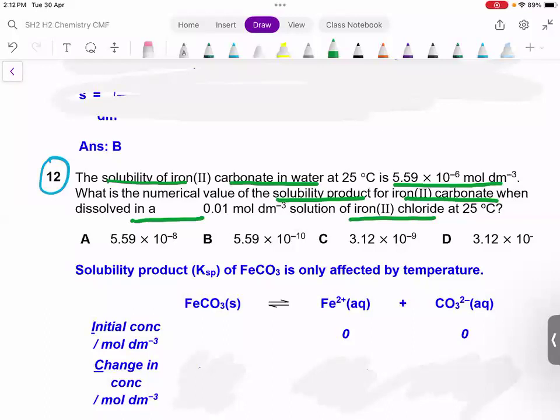Ksp is not affected by the common ion effect. So you could jolly well use the solubility in water to calculate the Ksp value already. You can ignore the second part of this question because it will not affect the value of Ksp. Yeah. So the second statement here is a redundant information. It has no effect on the Ksp value. So you can just calculate the Ksp value from the original first statement. That will do.